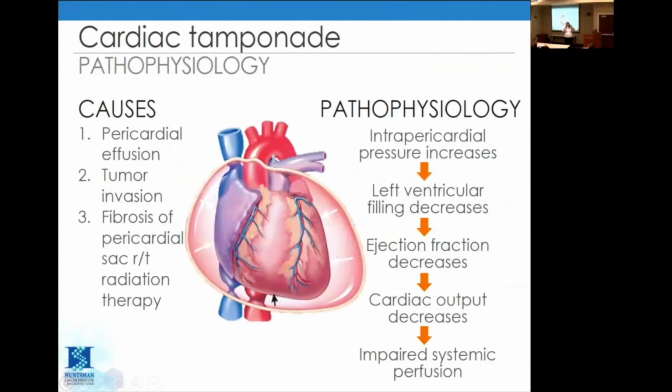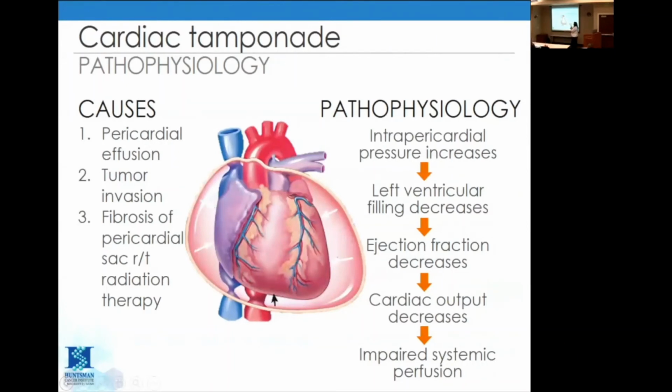In a tamponade, your heart can no longer compensate. They call it the last drop phenomenon: just that last little drop that makes it so your heart can't keep up anymore.